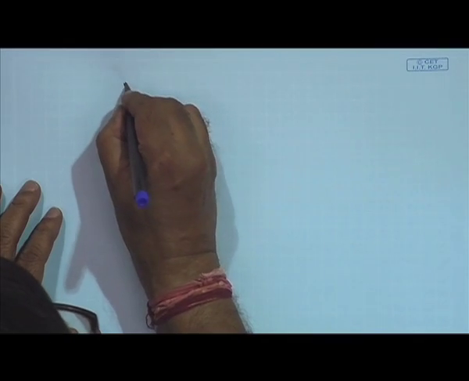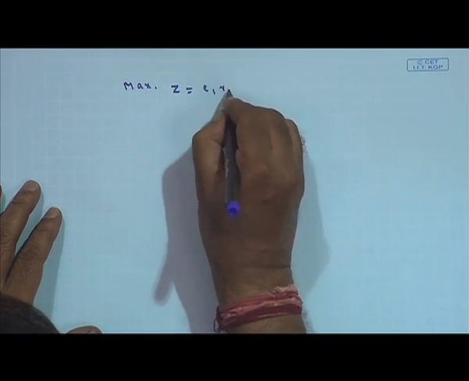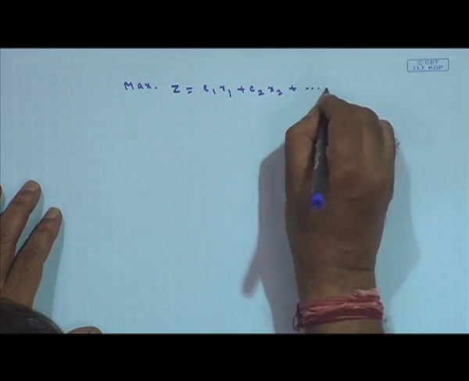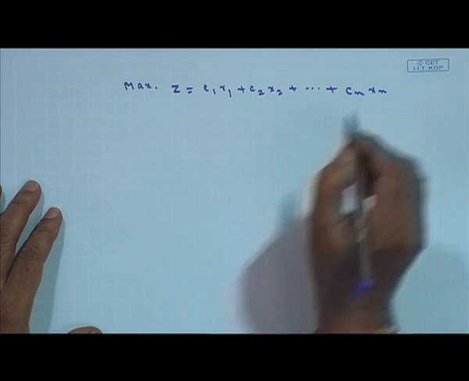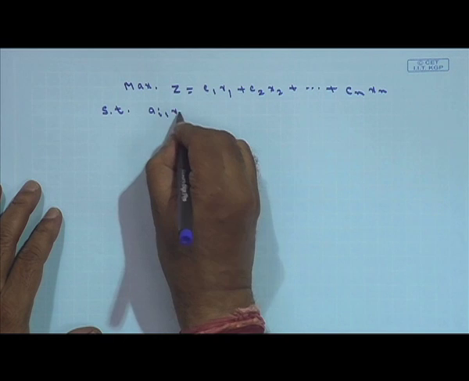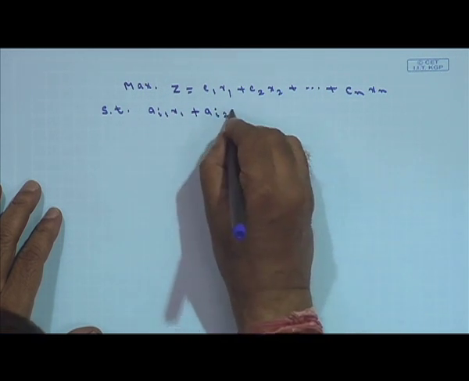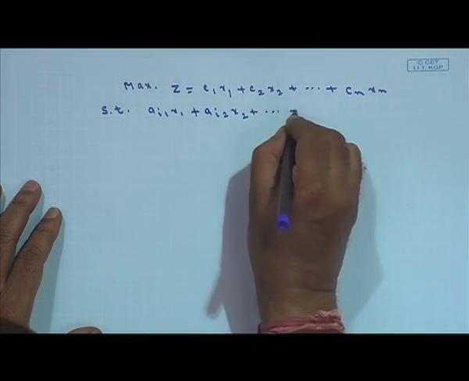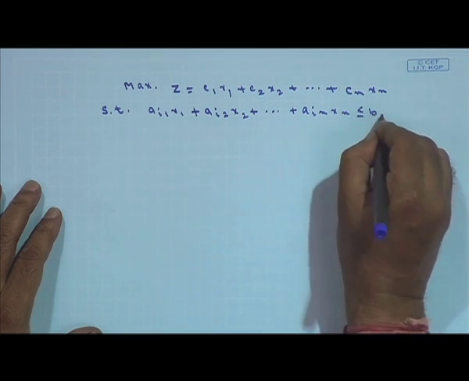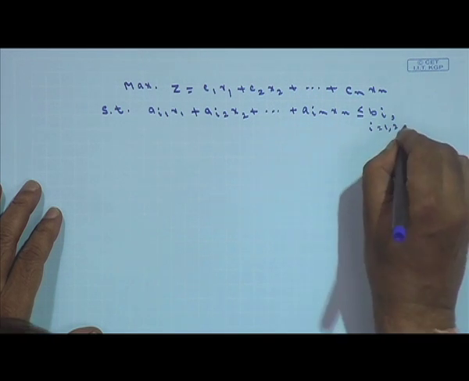You have the problem: maximize Z equals C1 x1 plus C2 x2 and so on, plus Cn xn, subject to ai1 x1 plus ai2 x2 plus ... plus ain xn less than or equal to bi, where i lies between 1 and n.